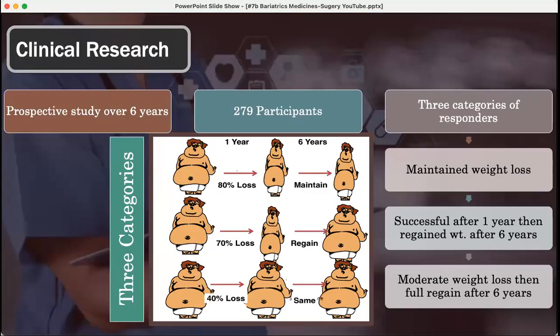This was research with nearly 280 participants, and they watched them over 6 years. These are the 3 different categories: the people that maintained their weight loss, the success after a year and then regain, and then those who had a full regain after 6 years.